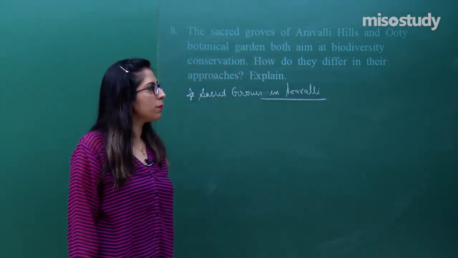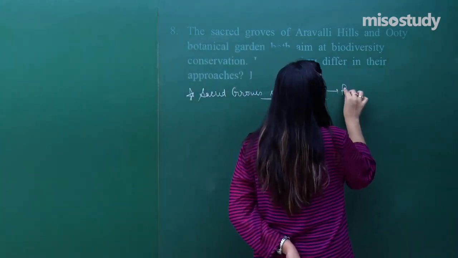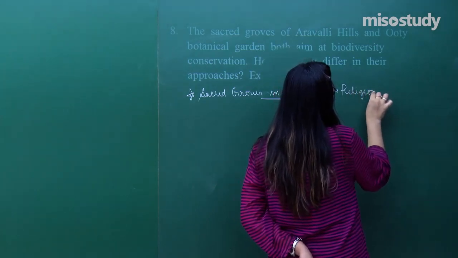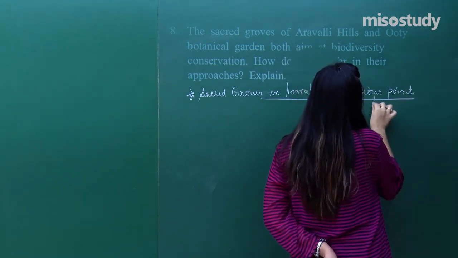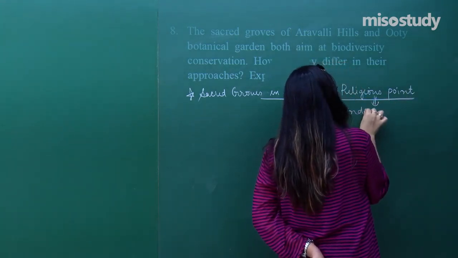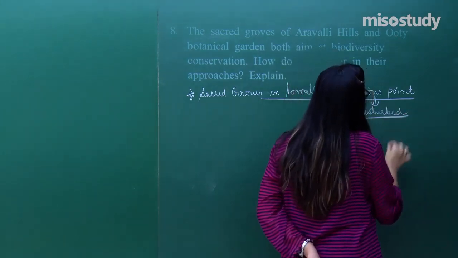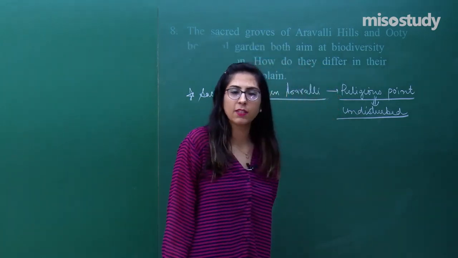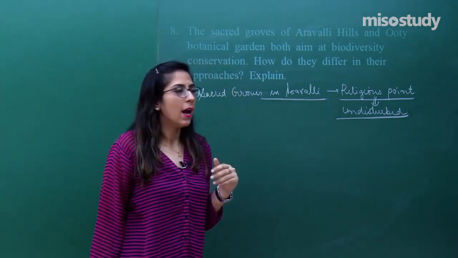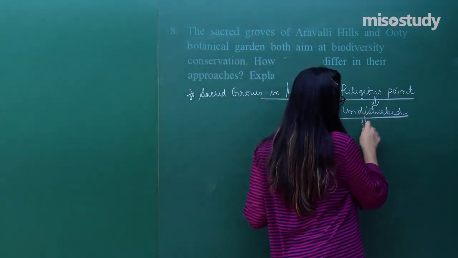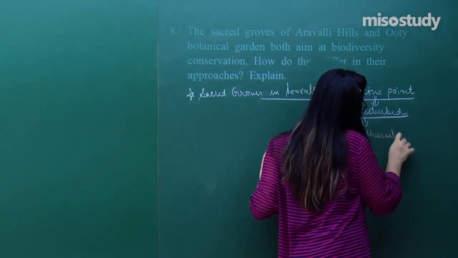Sacred groves are those groves which are being cultured or which have some religious point of view. For religious reasons, they become undisturbed. When they are undisturbed, the population or species diversity in these sacred groves will be high.